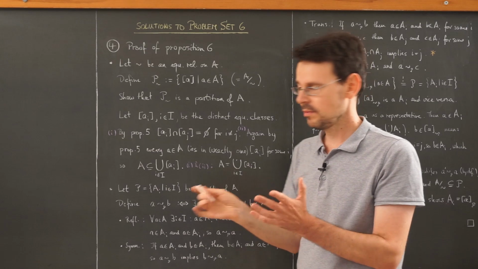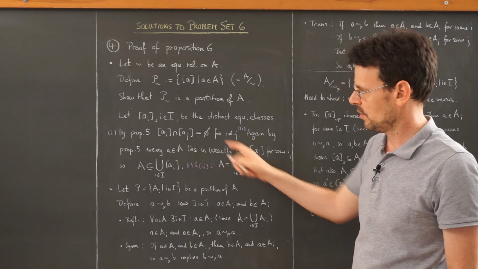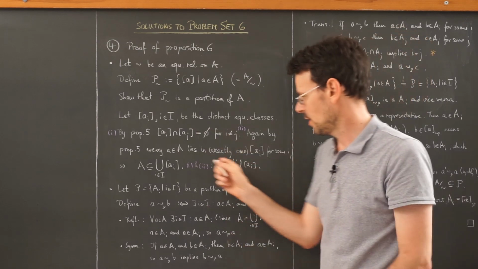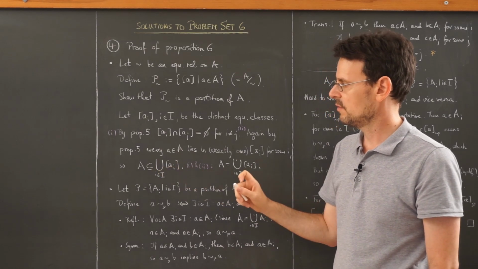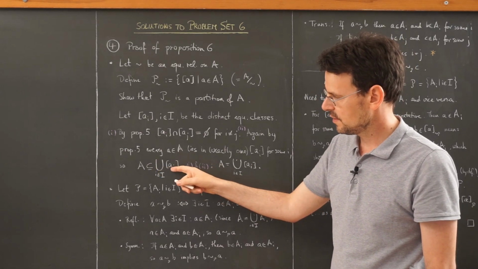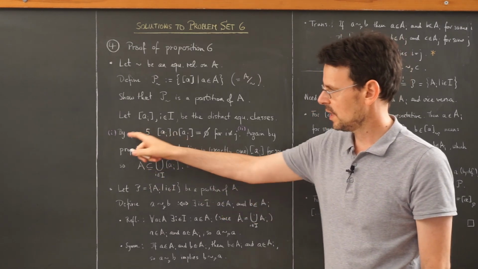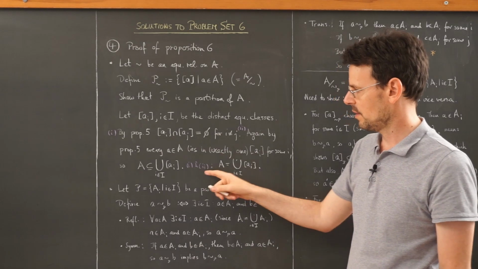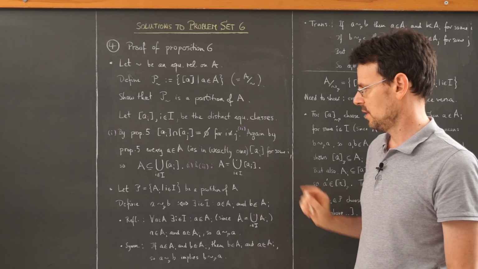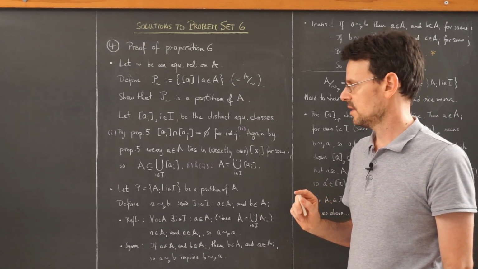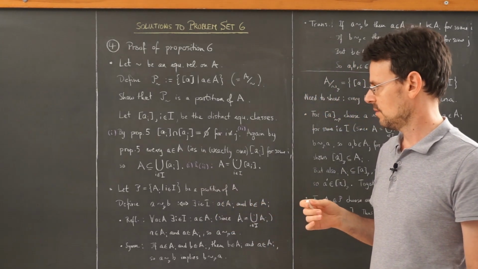Actually in exactly one, but that's not important. So every element of A lies in this union of all the equivalence classes. Of course, since those are subsets of A, we also have the other inclusion, and taking both of those statements together, we end up with A being the disjoint union of the distinct equivalence classes. So this is exactly the condition for a partition of a set.